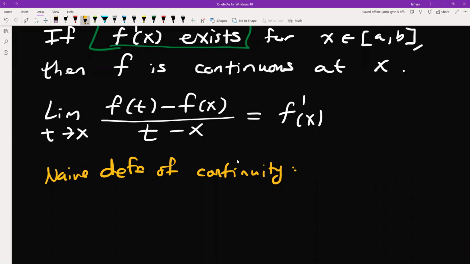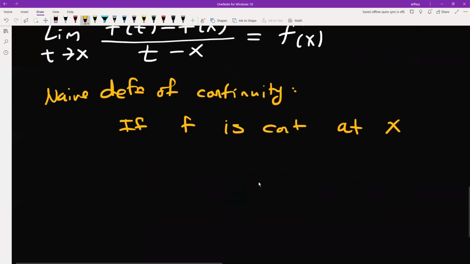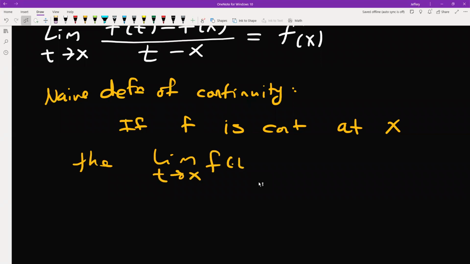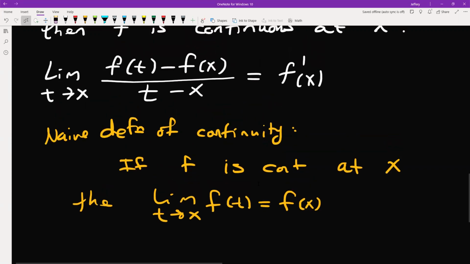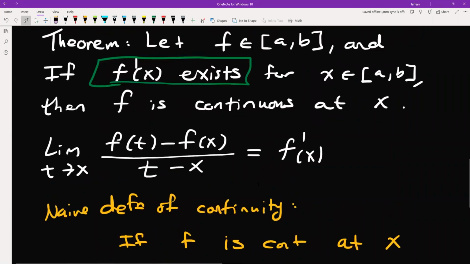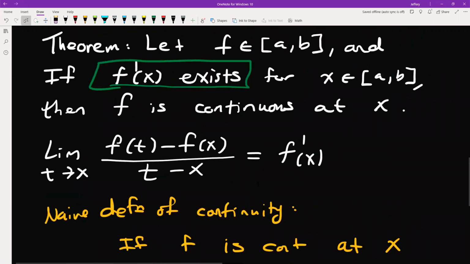So basically, if f is continuous at x, then the limit as t goes to x for f of t will be equal to f of x. So what does it mean then? If f is differentiable at x, then f is continuous at x.